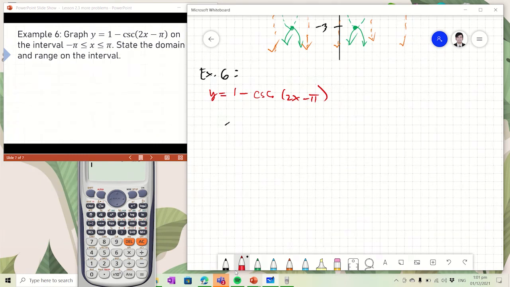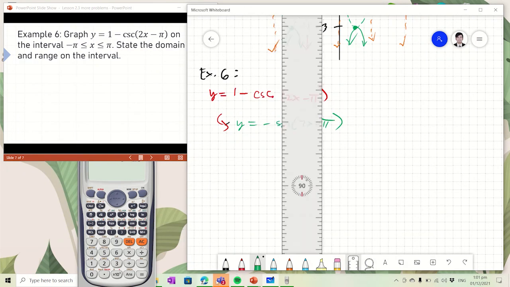So, hindi natin muna pakakialaman yung ating d. Alam natin ito yung d, yung walang cosine. So, nasa other term siya and constant lang. So, yung hanapin muna natin is yung y is equal to negative sine of 2x minus pi. So, ito muna. So, graph natin.